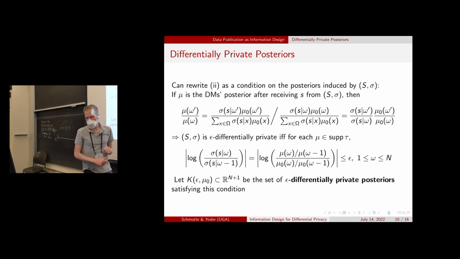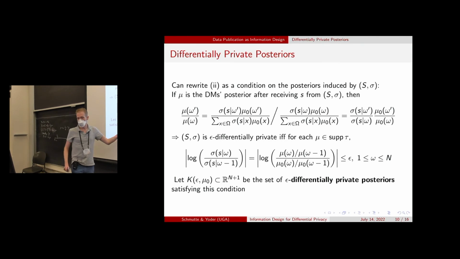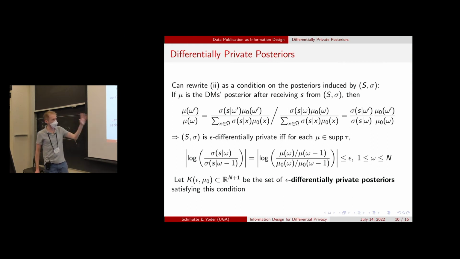So we can say that an oblivious mechanism is differentially private exactly when it induces posteriors such that for every pair of adjacent states, the distance between their log odds under the posterior and under the prior is less than epsilon. And we'll call the set of posteriors that satisfy this condition the set of epsilon differentially private posteriors.